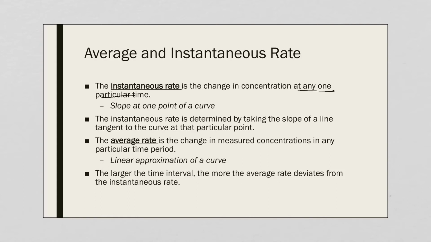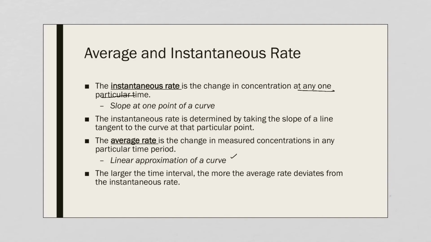So we can pick these 10 seconds of the reaction, these 30 seconds of the reaction, this minute, right? We could take it over the entirety of the reaction, whatever it might be. It's the average rate of change over that time period that we're looking at. And so if you want to think about it mathematically, we're doing a linear approximation of that curve, right?